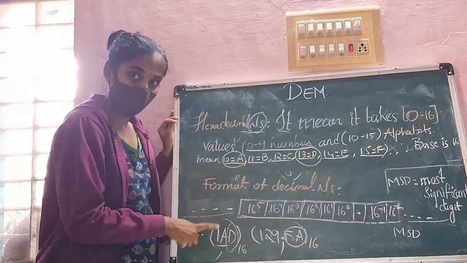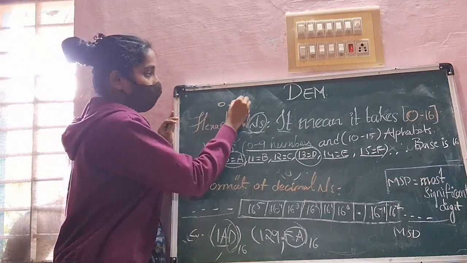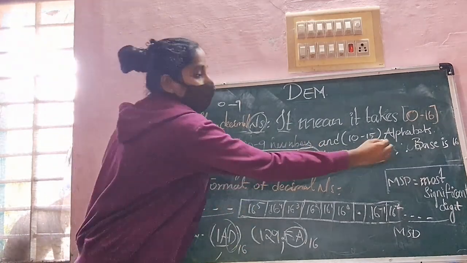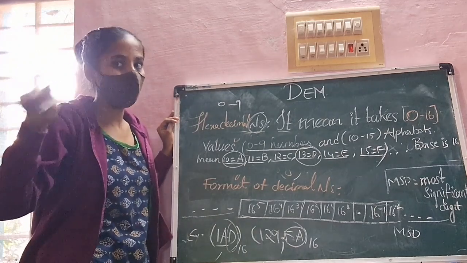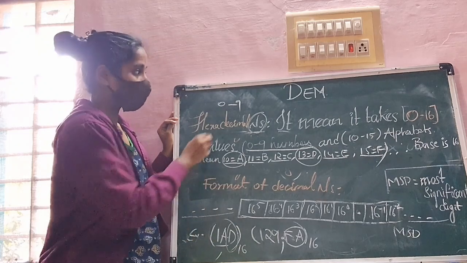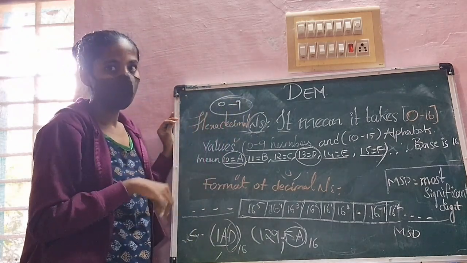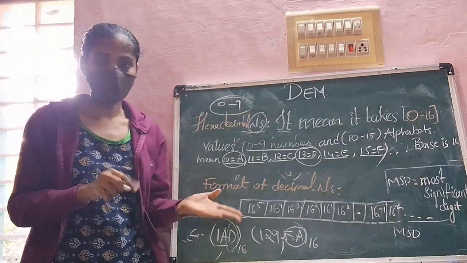You can write numbers from 0 to 9 only. You can write the alphabets up to F only, not more than F, like G, H, I, J. No, it is not considered. So the alphabets from A to F and numbers from 0 to 9. This is about hexadecimal, octal, binary and decimal.